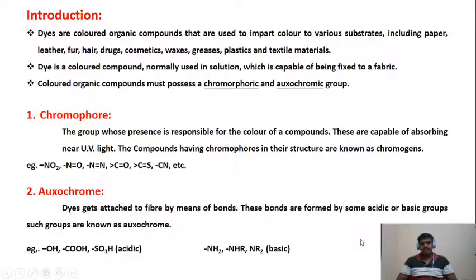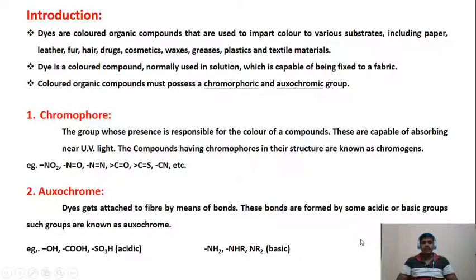This attraction or these bonds are formed by the presence of acidic or basic groups in the colored compound. These groups are known as oxochromes, the acidic or basic groups present in a chemical compound so that it gets attached to the fiber or the cloth.